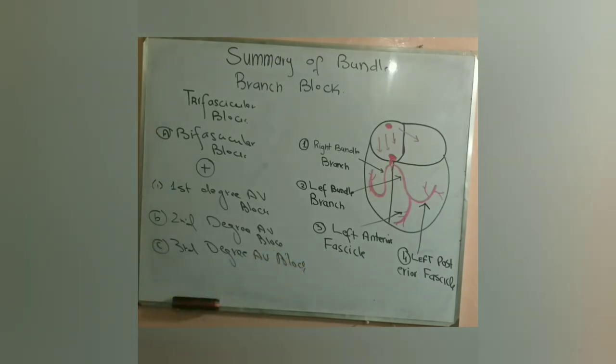So what is the trifascicular block? Trifascicular block is actually bifascicular block plus either first degree AV block, or bifascicular block plus second degree AV block, or the bifascicular block plus the third degree AV block.